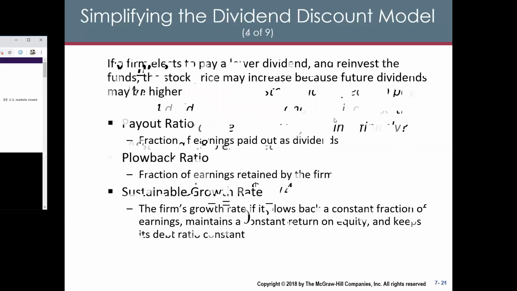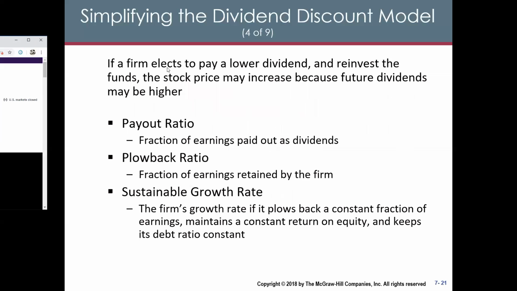So if the company decides to retain this earning and to reinvest the free money, the cash they have, in the future they may have more factories, they may have more production lines, so they are going to earn a higher revenue in the future. So in the future they will have more net income, and they will possibly have higher dividends.